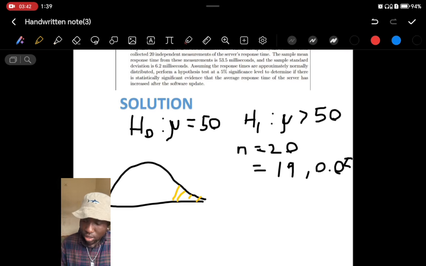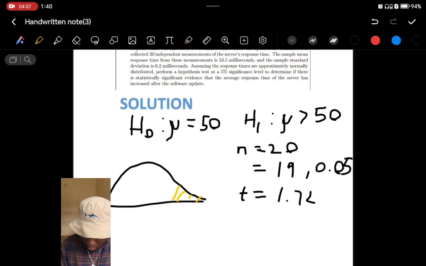We use the t statistic table, go to degrees of freedom 19, one tail at 0.05, and we get a value of 1.729. So the critical t is 1.729.